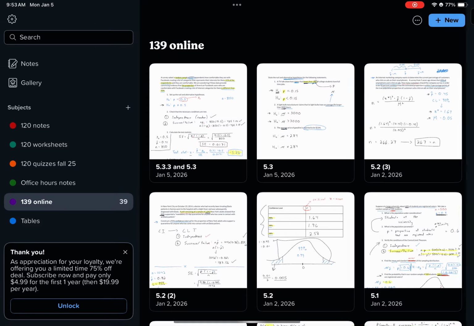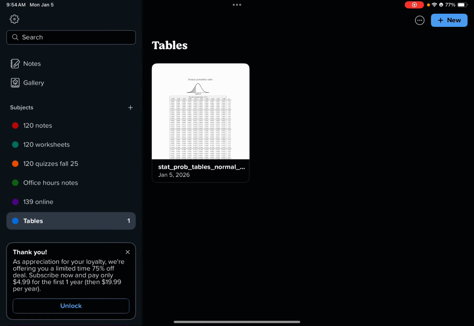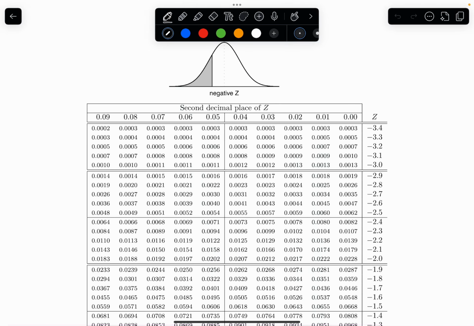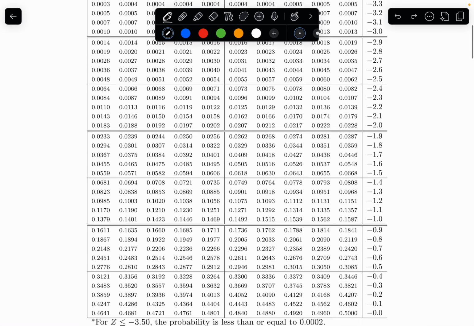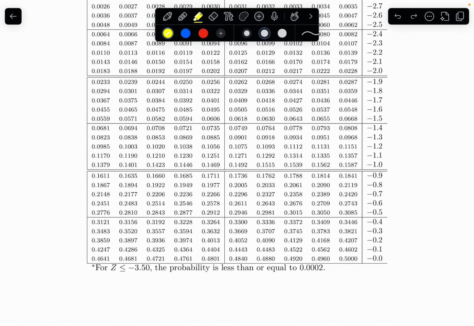So if I scroll back, look at my z-tables, I'm going to run into a slight issue in this problem. We said our z-score was negative 5.26. And if I look right here, the lowest that I can possibly go is negative 3.49. Here's negative 3.49. And if I scroll all the way down to the bottom, I'm looking at this part right here.